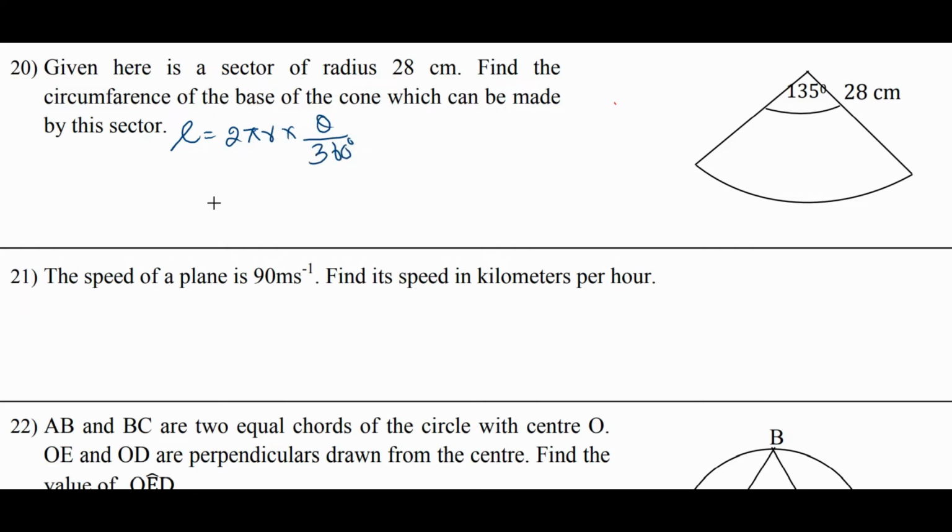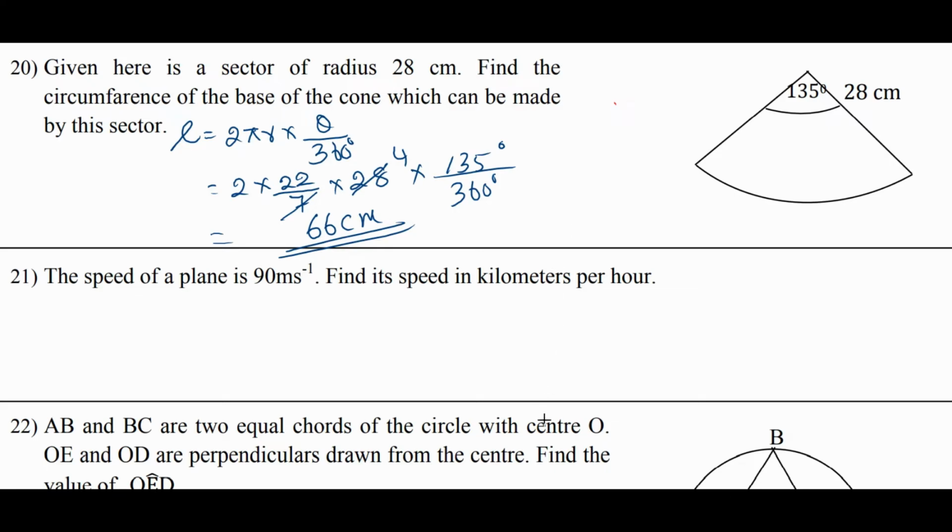Then 2 into pi, which can be written as 22 over 7, into the radius 28, times theta. The center angle here is 135 degrees divided by 360 degrees. Then you can cut down 7 into 28 as 4, and simplifying this you will get 66 centimeters as the circumference of the cone.